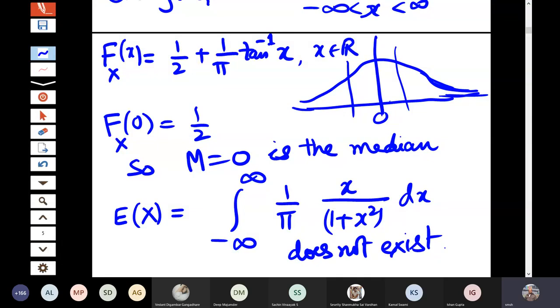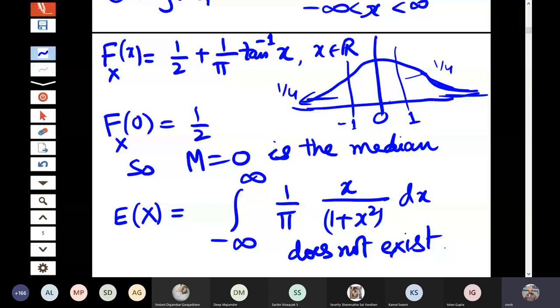So now this probability will be 1 by 4 and this will be 3 by 4. Similarly, if I take minus 1 here, then this will become minus pi by 4. So it will become half minus 1 by 4, that is 1 by 4.